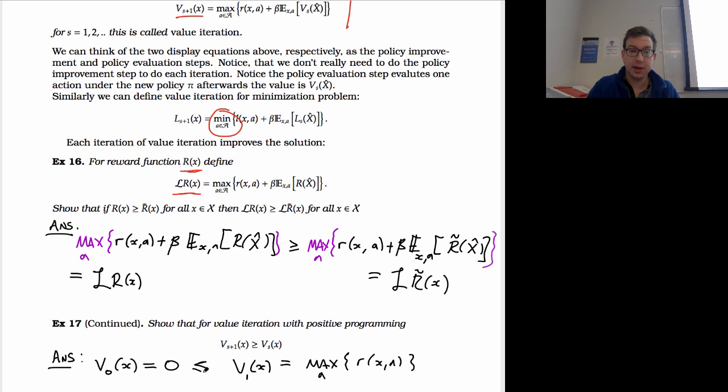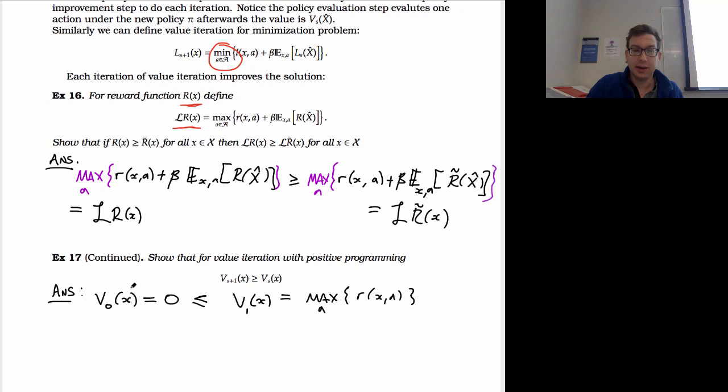That one's bigger. Now, what about V of 1 of x compared to V of 2 of x? Notice from exercise 16, V of 1 is L of V of 0 of x, and V of 2 is L of V of 1 of x. That's bigger than that. So after one iteration of value iteration, it's going to remain the same.